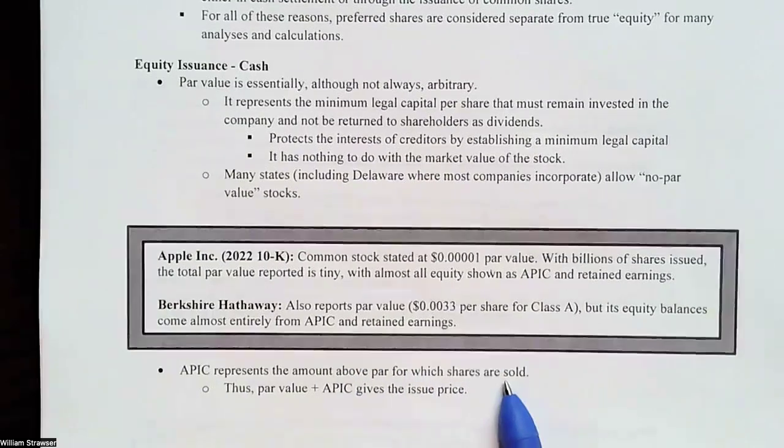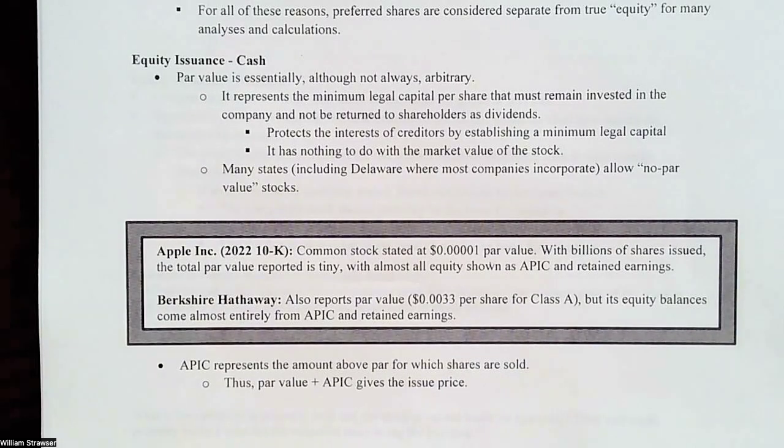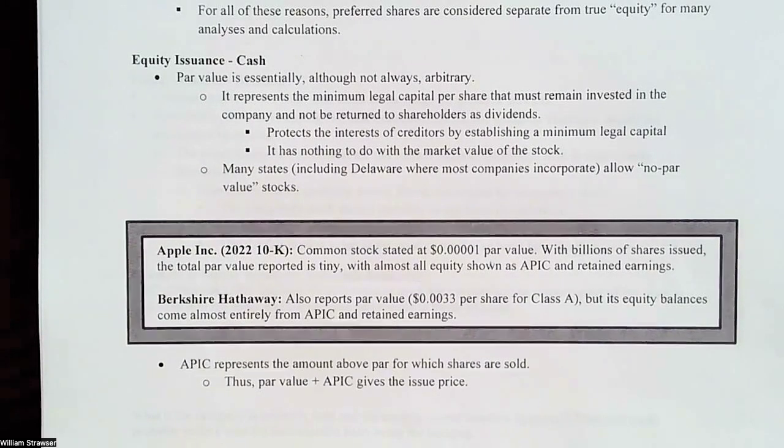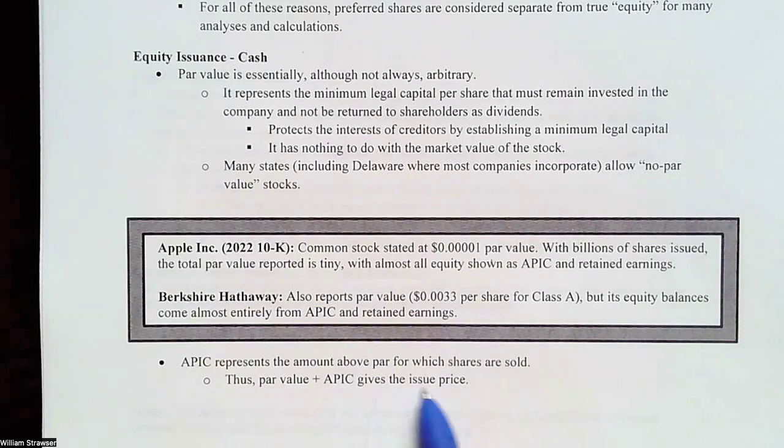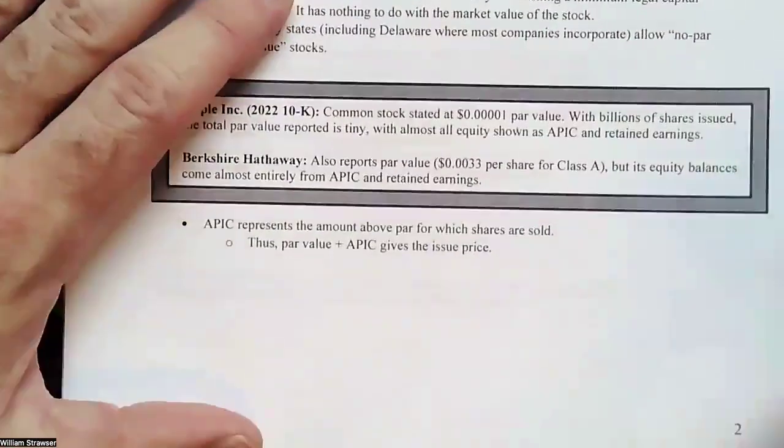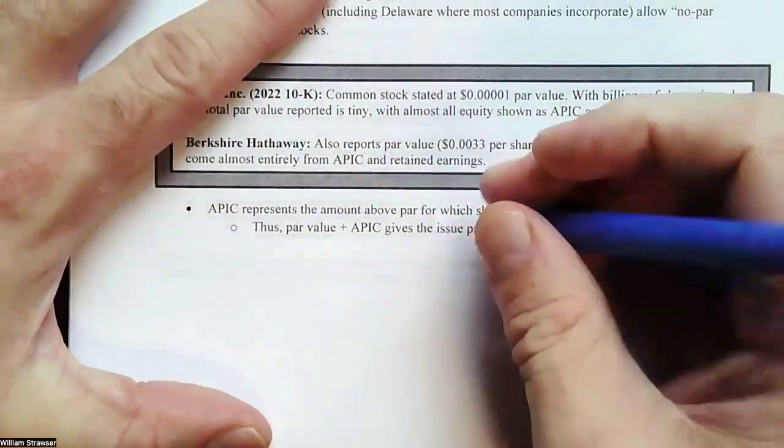APIC, of course, represents the amount above par that we sold shares. And so the par value plus APIC always gives the issue price. Just a real easy, quick, and dirty example.